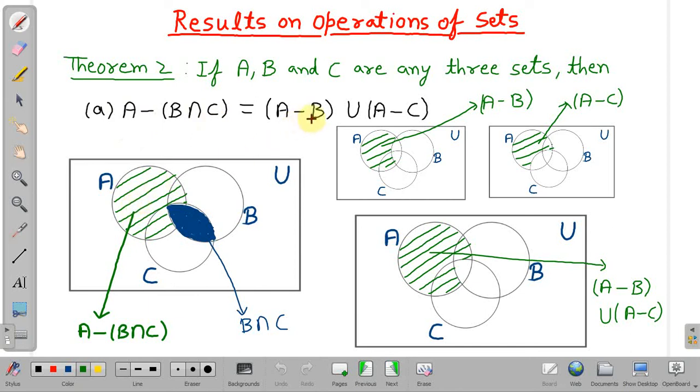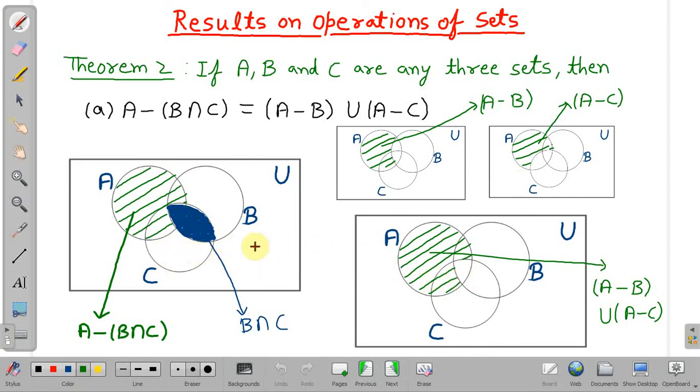Now coming to the RHS, it has two portions, A minus B and A minus C, and we have to take the union of these two. First we will see A minus B, which is this diagram. Similarly, this is A minus C. If we take the union of these two, we get this portion, which is the same as the LHS diagram.